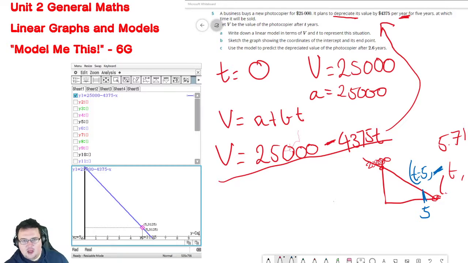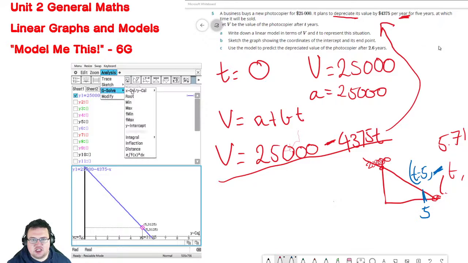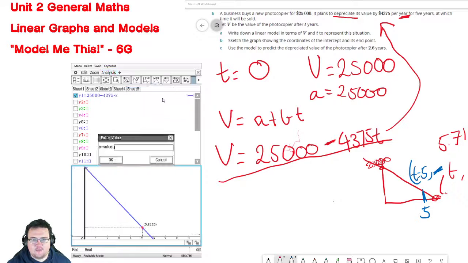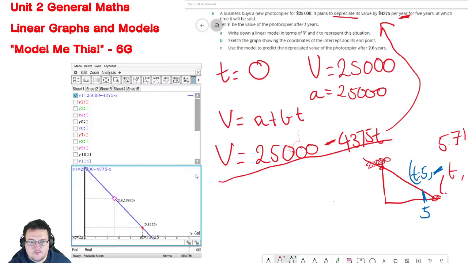The other thing is we now have to use this model to predict 2.6 years. Again, we can do that with analysis, gsolve xcal ycal. Go to ycal, and remember x is the number of years, so if we say x is 2.6, it tells us that the value is $13,625.